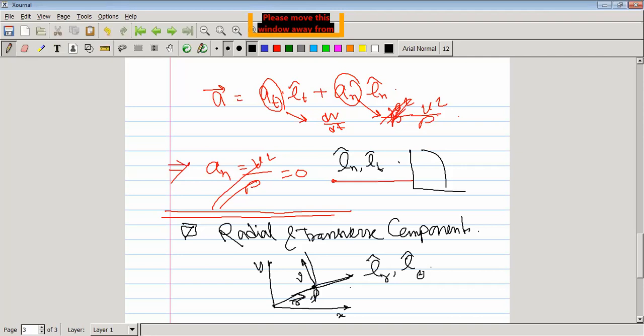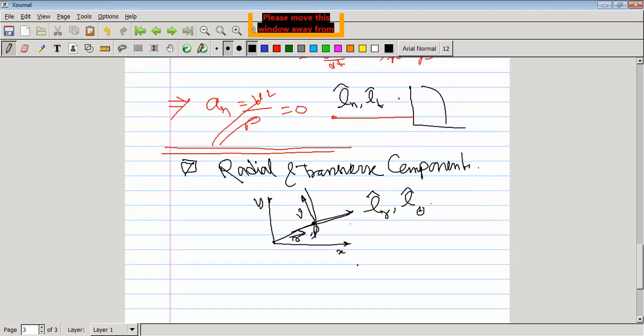So r is a position vector, r vector is nothing but its magnitude r into the unit vector. Clear? It is the same direction. This is defined as the position vector r of that particle p.